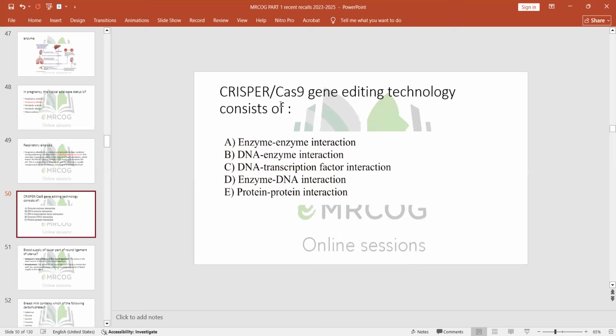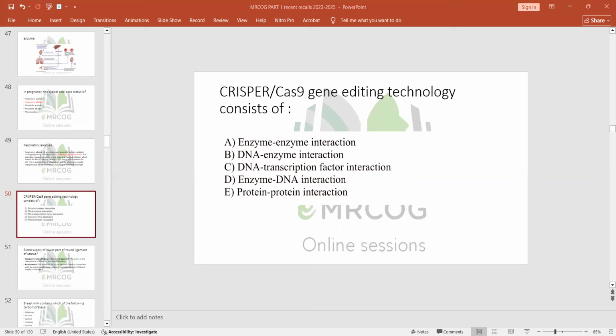Okay. You know CRISPR-Cas? This question appeared for the first time, I think, 3 or 4 years ago. So what do you think? What does CRISPR-Cas do? This is an enzyme, by the way.